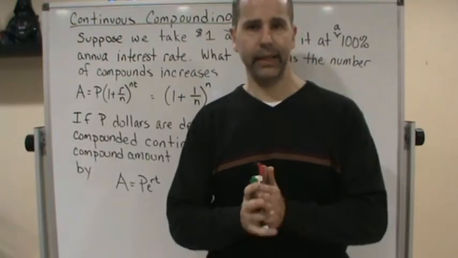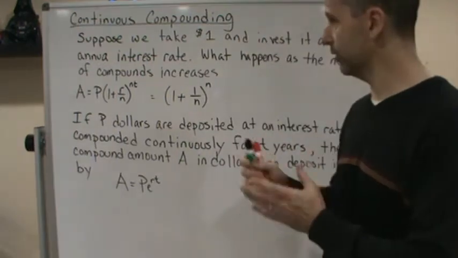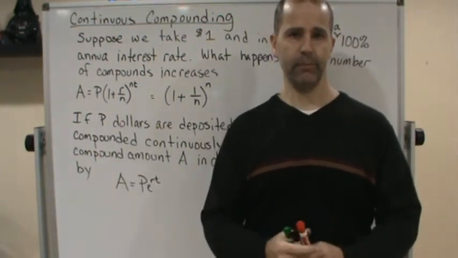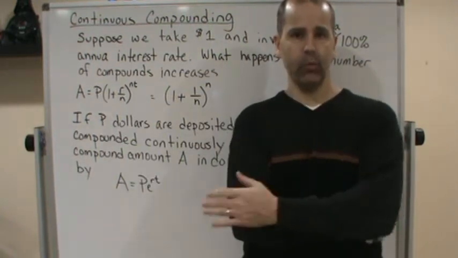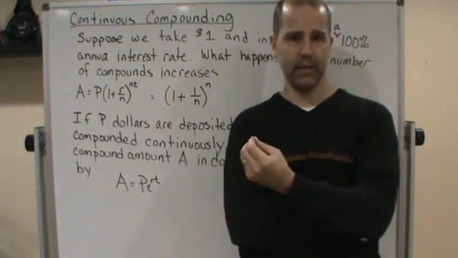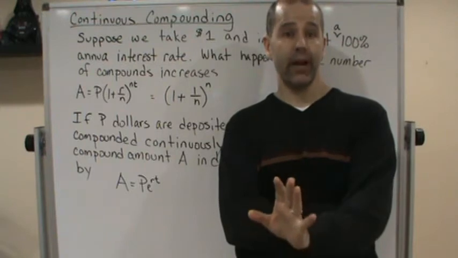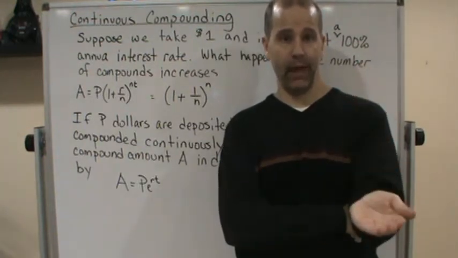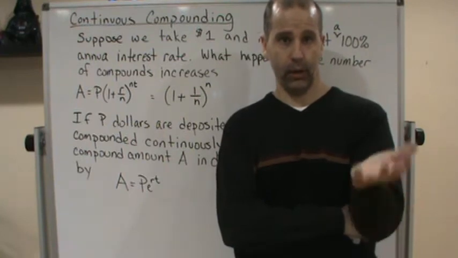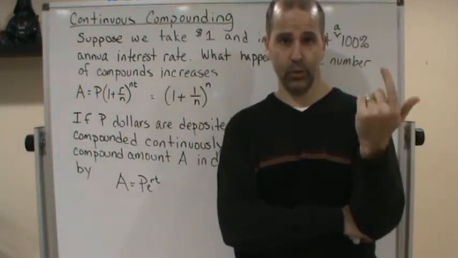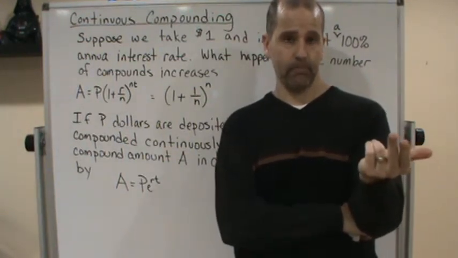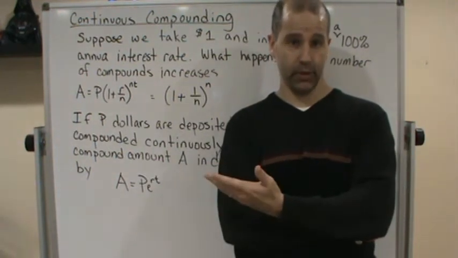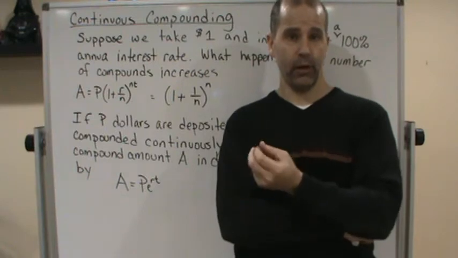Okay, so in this video, we're going to talk about continuous compounding. What we've discussed up to this point is compounding where we give a value for n, whether it's annual, semi-annual, quarterly, weekly, monthly, those sorts of things, and we put in a value for n.